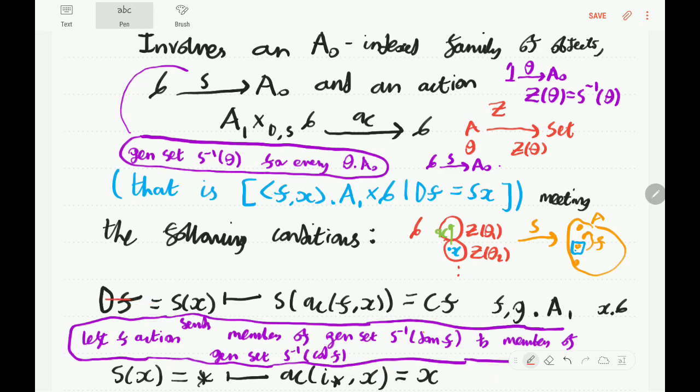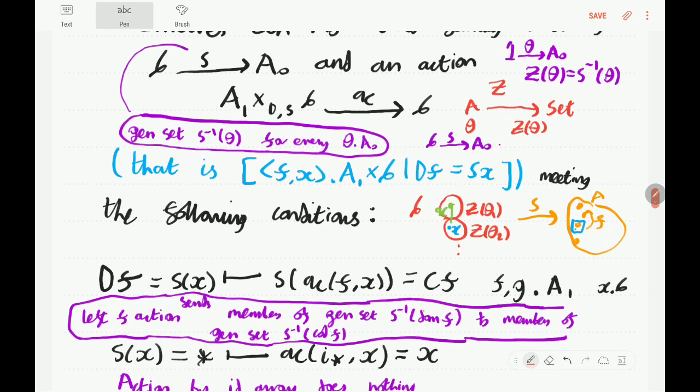Firstly, when the domain of our arrow F is equal to the kind of internal type of this X, then we want to have the type that we get after we do the action on F of X is the codomain of F. Okay, so that makes sense.